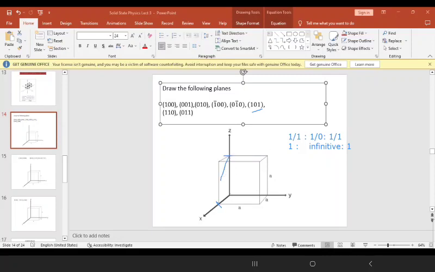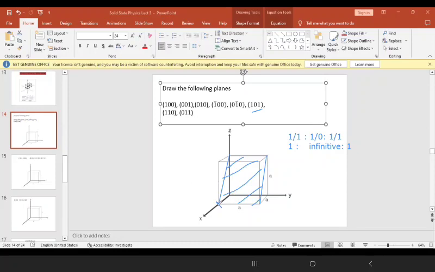So you have to connect this line and this line, and then you have to draw. This is your plane. So you understand the 101 plane.